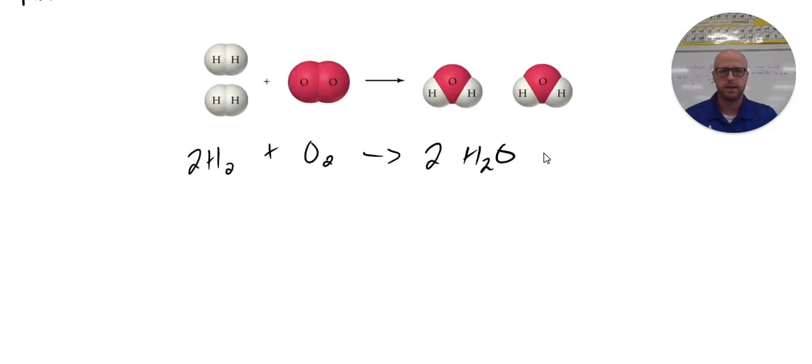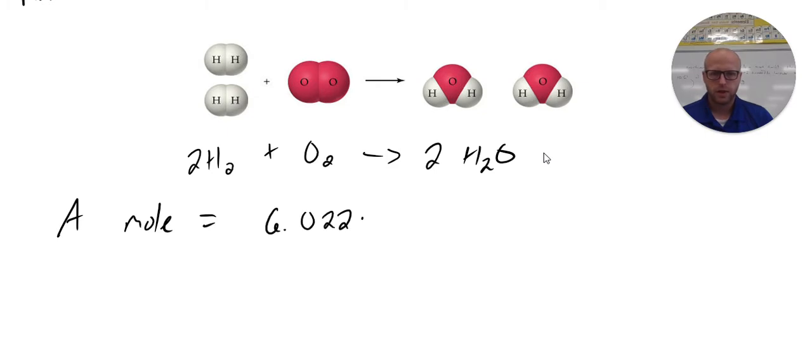We can't talk about dozens or reams or anything like that. We need to talk about a massive amount of atoms. So 1 mole is equal to 6.022 times 10 to the 23rd items.